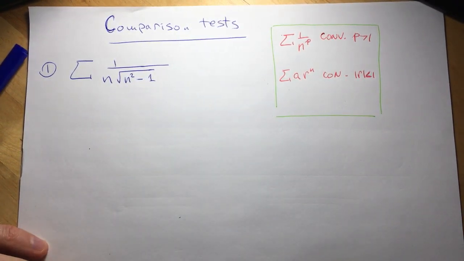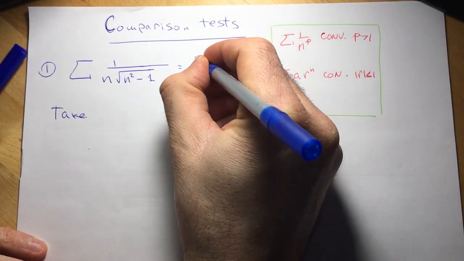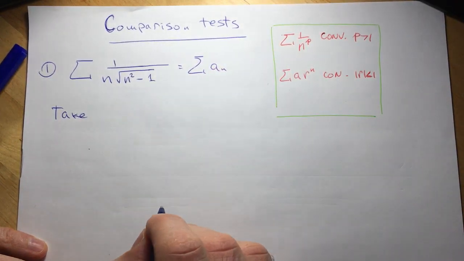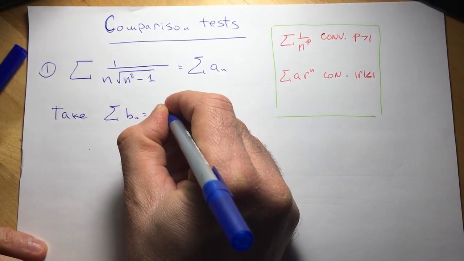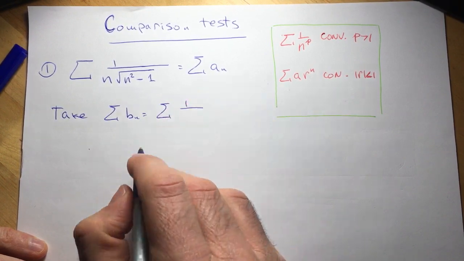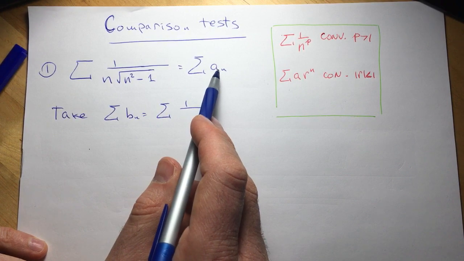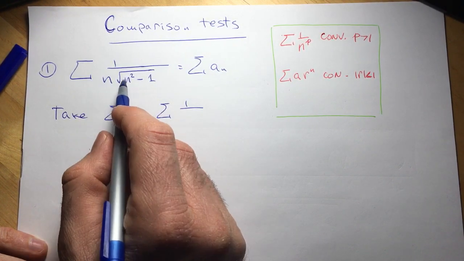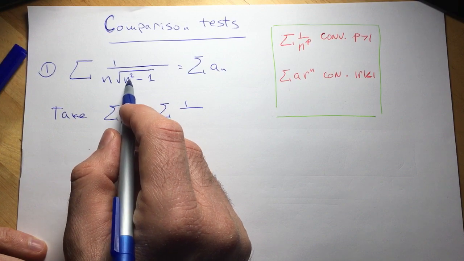Look at this, this is my series a_n. Take the series b_n to be defined as 1 over the highest exponent in the denominator of a_n. Here I have n times square root of n squared. N is a positive integer, so the square root of n squared is just n.